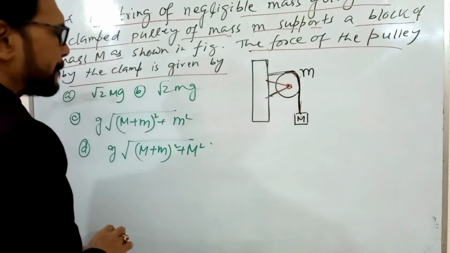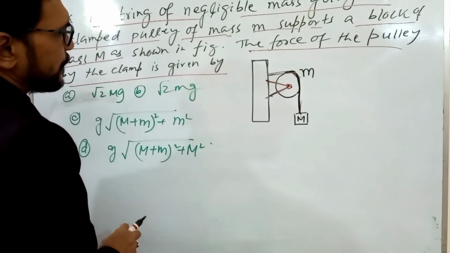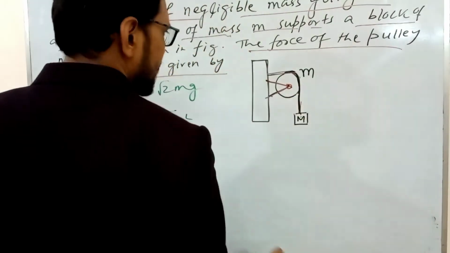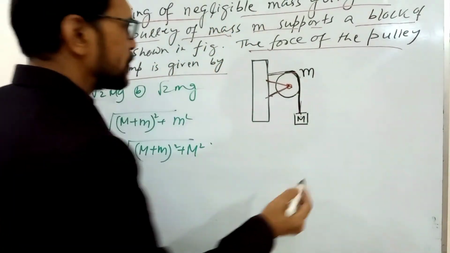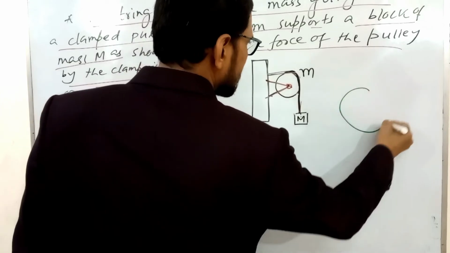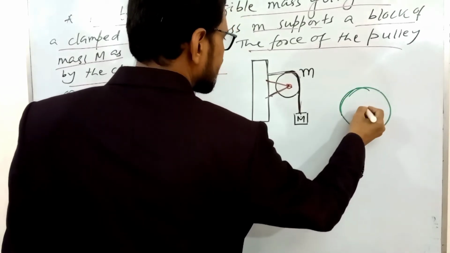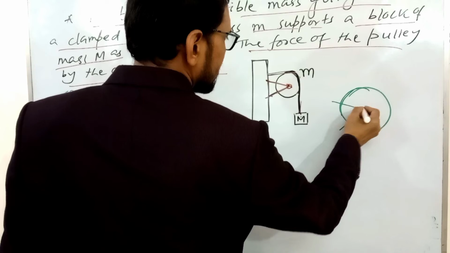To find the force on the pulley by the clamp, we have to draw the free body diagram of the pulley. Suppose this is a pulley and this is the clamp.